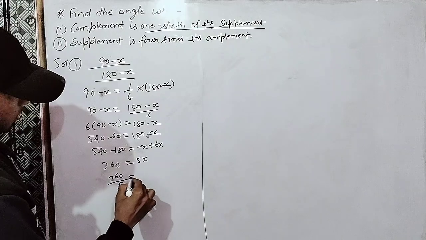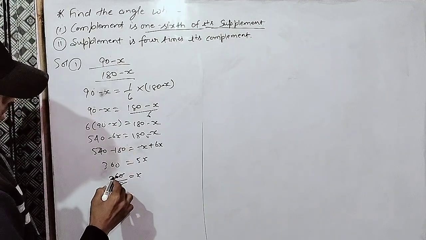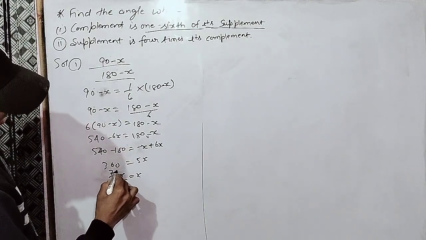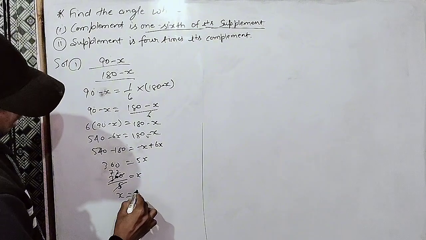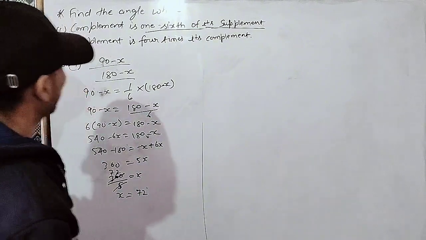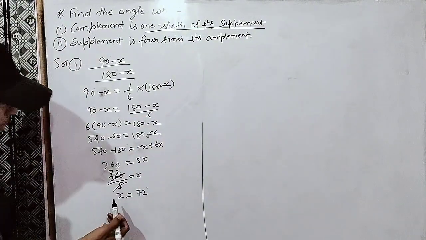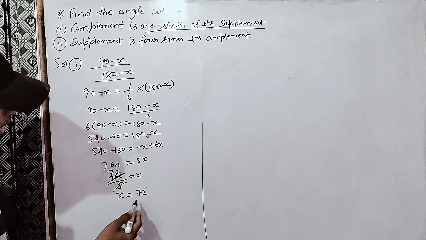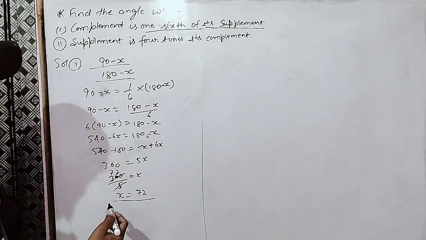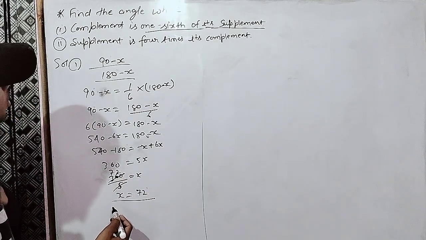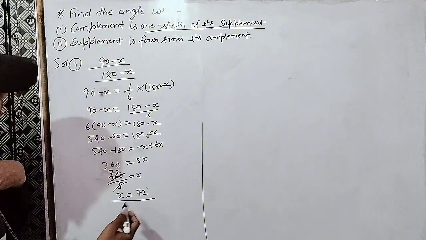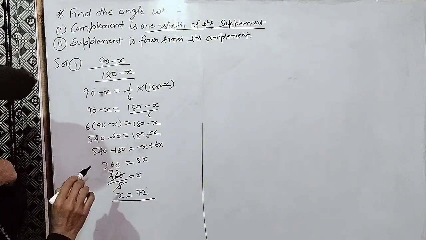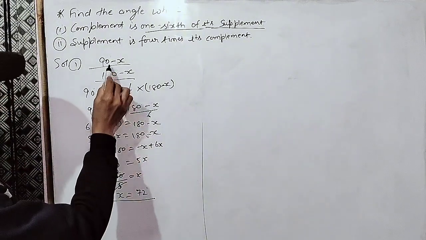5 times 72 is 360, okay. The value of x is 72. This is the value of the first angle. Just put the value into this, this and this.